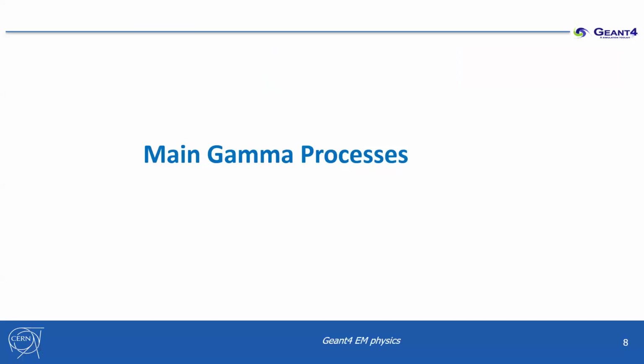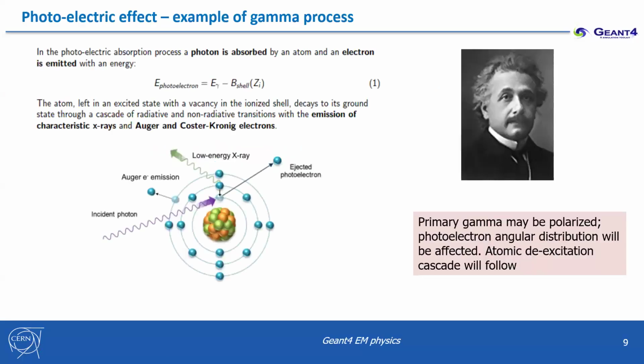Now let's speak about processes. Electromagnetic process may be quite complicated. For example, photoelectric effect. If gamma energy above some threshold, gamma may interact with atomic electron, be absorbed, and the electron may be emitted from the atomic shell.